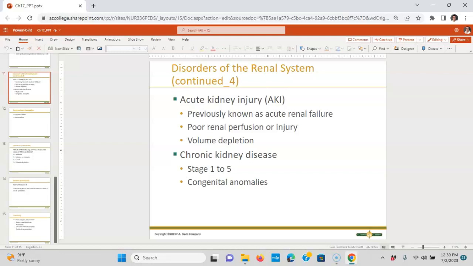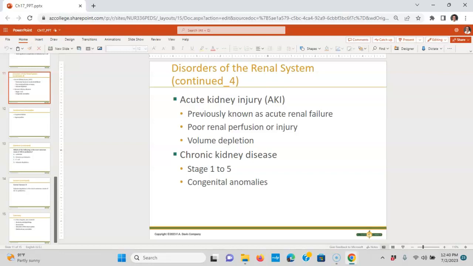So clinical presentation: hypertension, poor weight growth, abdominal pain, edema, seizure, nausea, vomiting, pruritus, dyspnea, just like an adult. EKG for your dysrhythmias, BUN, creatinine, electrolytes, CBC is going to show anemia.